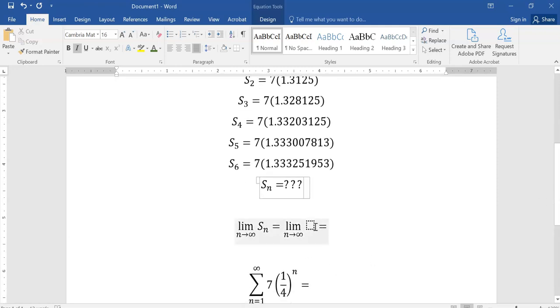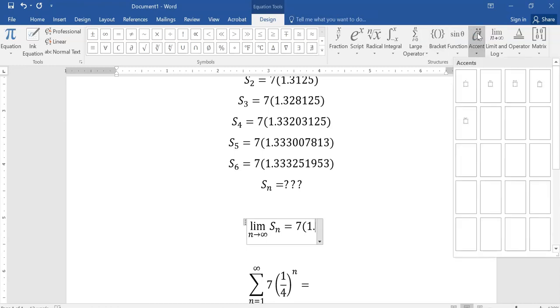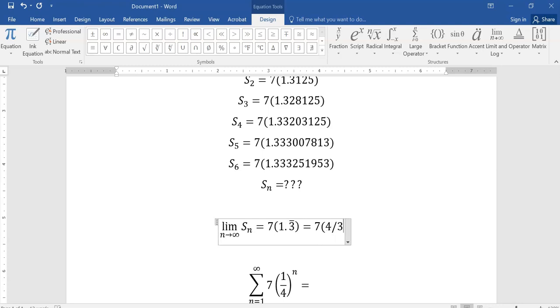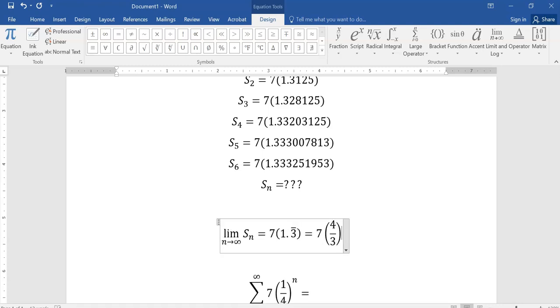So Sn, as n goes to infinity, even though I don't have a function for it, looks like 7 times 1.3 repeating, which, by the way, is 7 multiplied times the fraction 4/3.